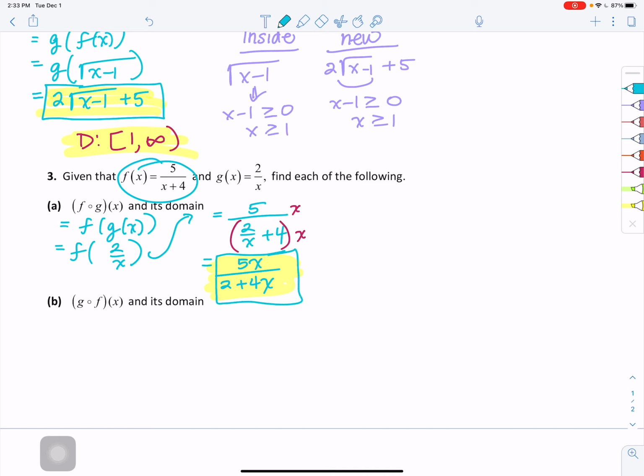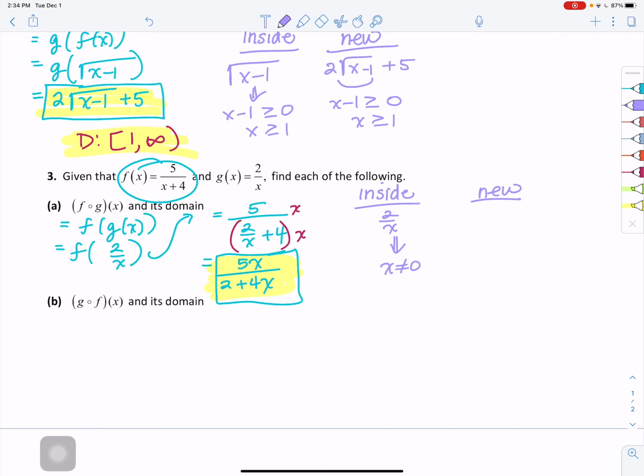Okay, so now we have to find the domain. So how do we find the domain of this new function? We look at the inside function and we look at the new function. The function that went inside was 2 over x. So x cannot be equal to 0. We have to throw 0 out for sure.